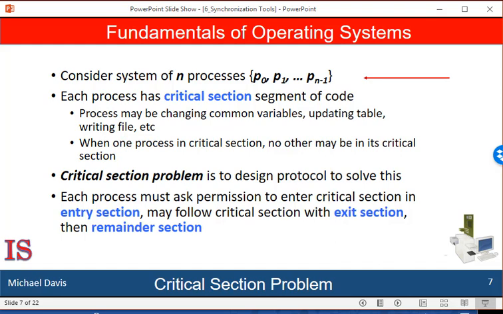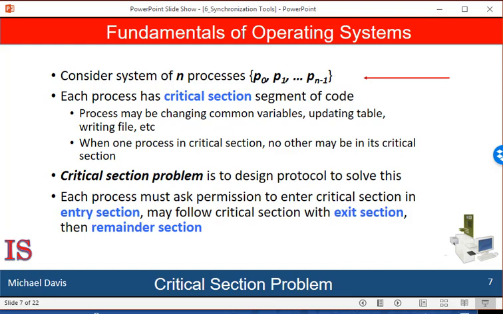That is, no two processes are executing in their critical sections at the same time. The critical section problem is to design a protocol that the processes can use to synchronize their activity to cooperatively share data. Each process must request permission to enter its critical section. The section of code implementing this request is the entry section. If no other process is in its critical section, then this process may continue.